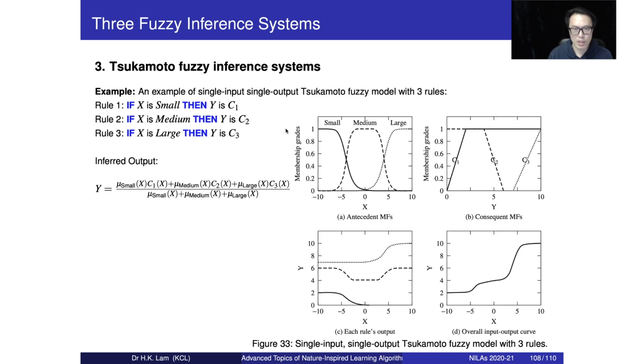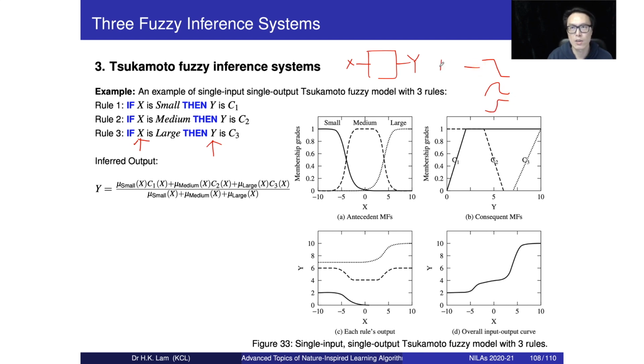Okay, now take a look at another example. This time we have a single input x right here, and a single output y right here. Small, medium, large, and I put them in one single figure, small, medium, and large. That means if you are going to put it rule by rule, we will have small, medium, and large, and then y.